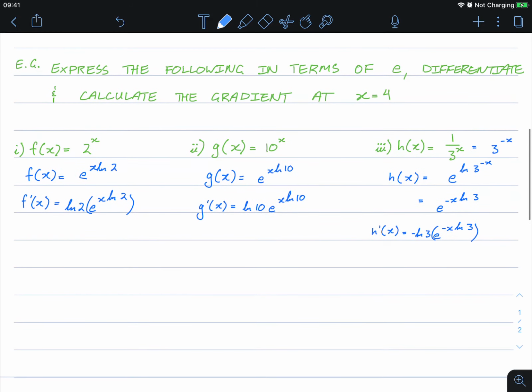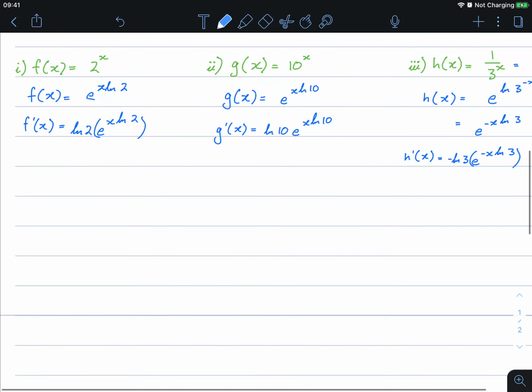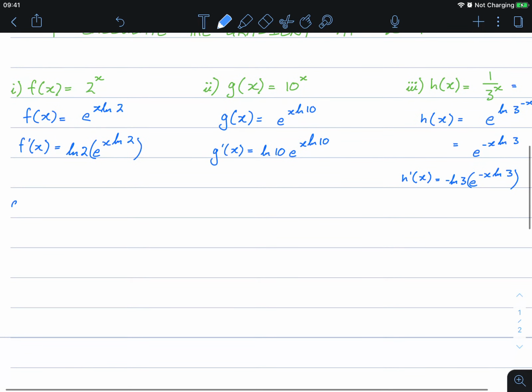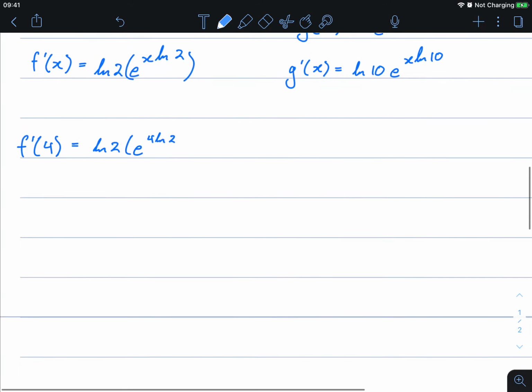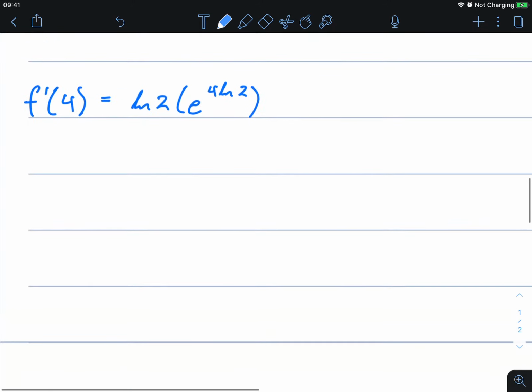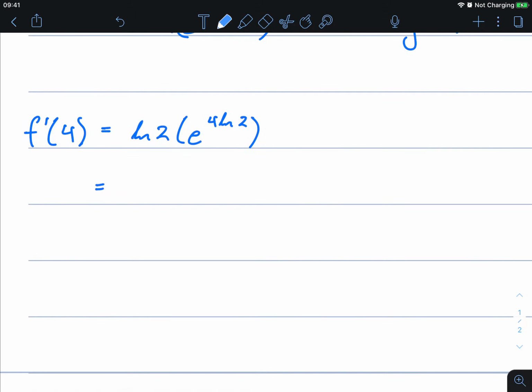So now let's find the gradient of these at 4. This is very straightforward because we've done this so many times. To find the gradient of the tangent at that point, we just substitute into f prime of 4. That's just going to be ln of 2 e to the power of 4 ln 2. Reversing this process, we can find this in exact form.